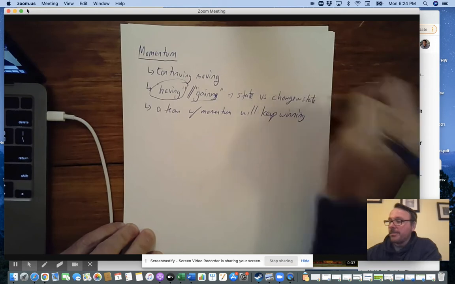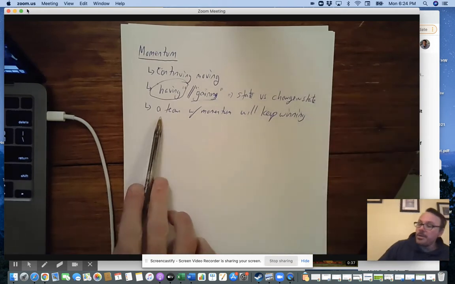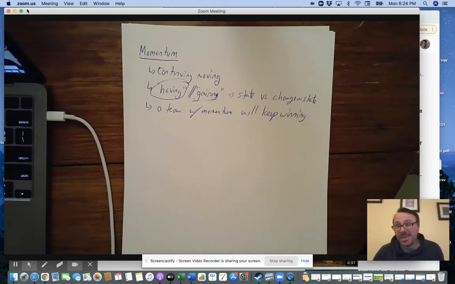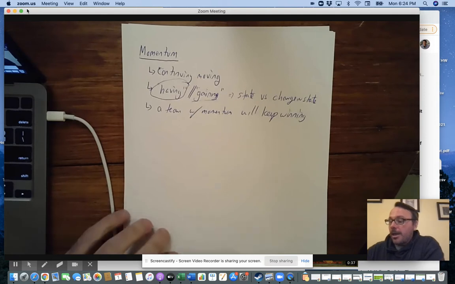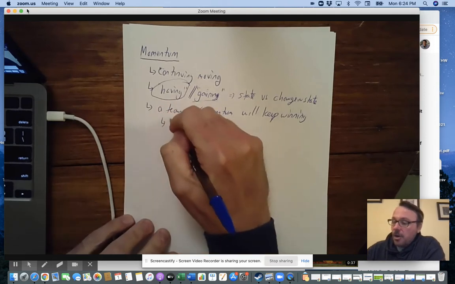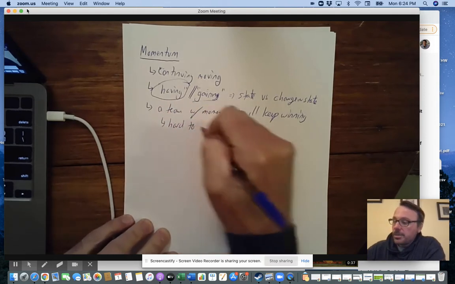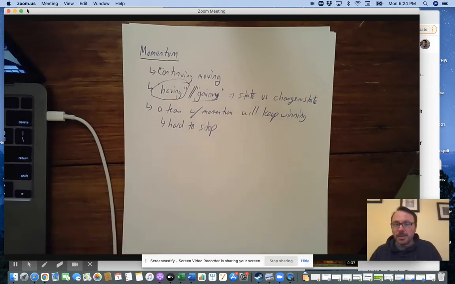Okay. Now, believe it or not, this is a really good way of thinking about the physics concept of momentum. A team with momentum will keep winning, right? Essentially, this team is hard to stop, right? So a team with momentum, difficult to get them to lose. They're on a roll, so to speak.